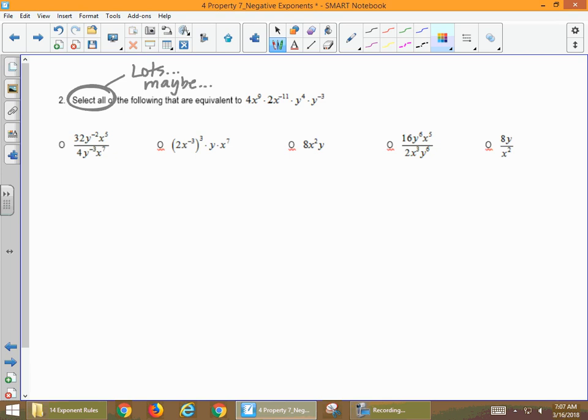What I like to do with these is do the main problem, the original problem, get it fully simplified, and then I do all of the other little baby problems. All of these problems down here we'll have to do as well that are not fully simplified to see if we come up with something that matches our simplified answer.